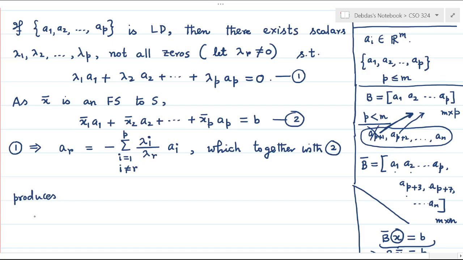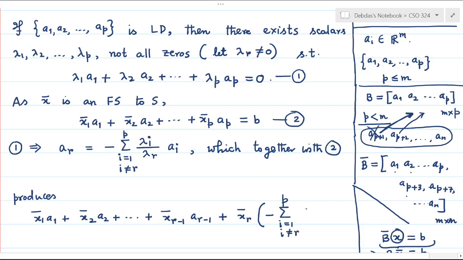So in equation number 2, I will be getting the first as x1 bar a1, the second element is x2 bar a2, then the r minus 1th element is x r minus 1 bar a r minus 1, then xr bar into ar. ar I am replacing by this, so minus summation i equal to 1 to p, i not equal to r, lambda i divided by lambda r, ai, plus x r plus 1 bar a r plus 1 plus so on, xp bar ap is equal to b.